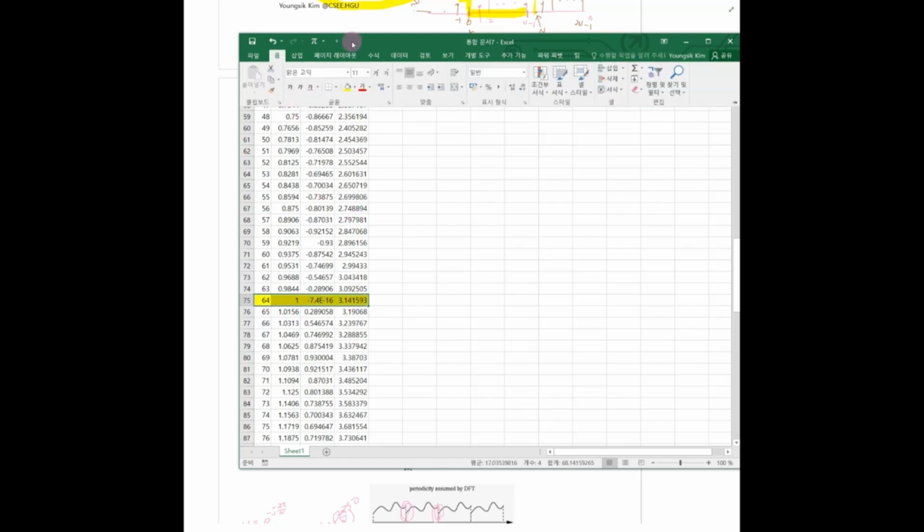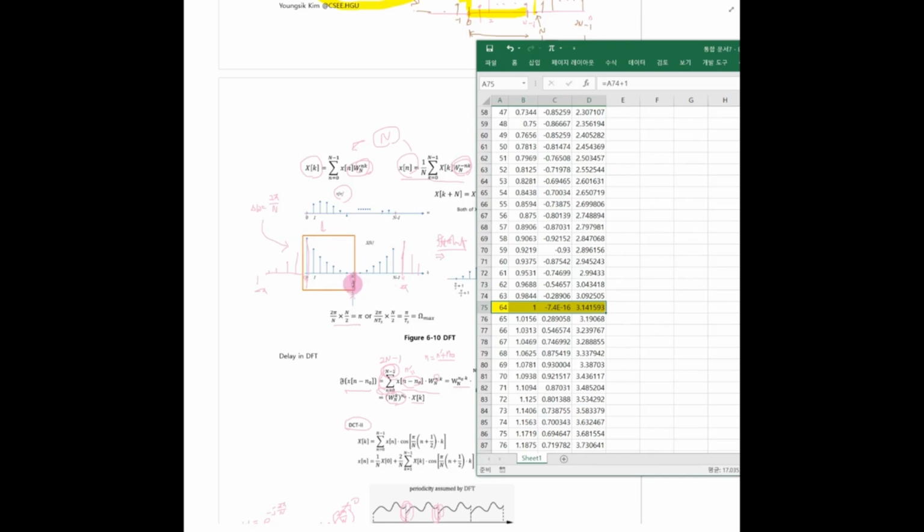This position corresponds to this Nyquist frequency. Okay, this one is half of the number of points. N is 128, so N over 2 is 64. That's the maximum frequency. This is pi. So in the frequency index it is 64, but the normalized frequency is pi. Okay.